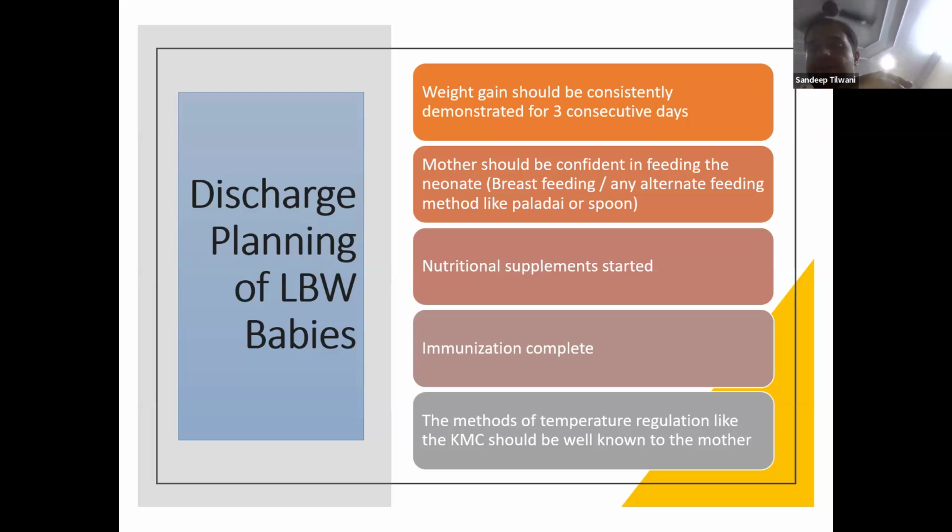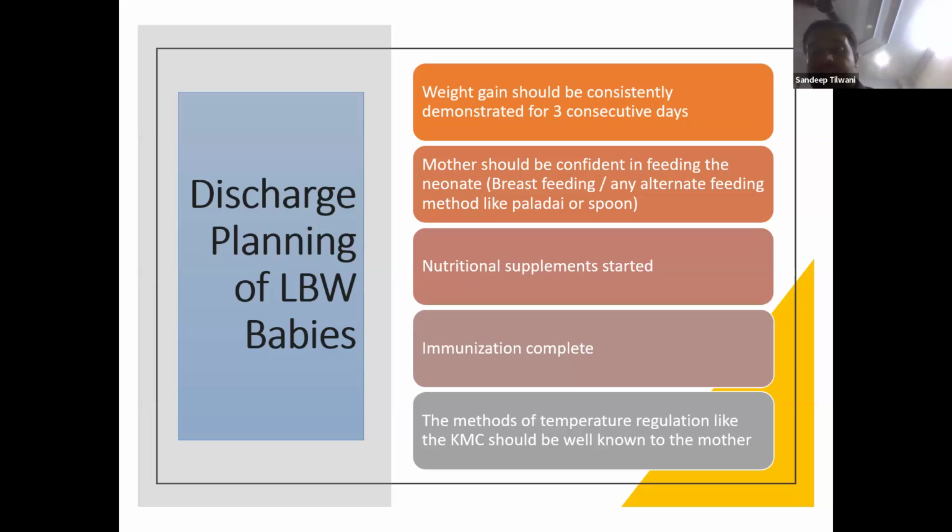Second, the mother has to be confident in feeding the baby. She is the primary person who is going to look after the baby once you send them home. So you have to make sure that the mother is confident. It is not about the baby taking spoon feeds well, or paladay feeds well, but it is the mother who has to be confident, and she has to be sure that she will be able to take care of the baby properly at home.